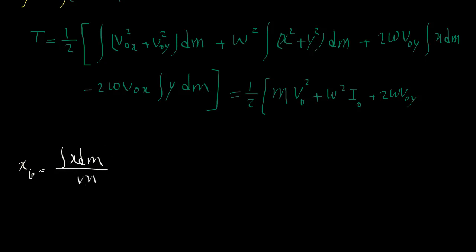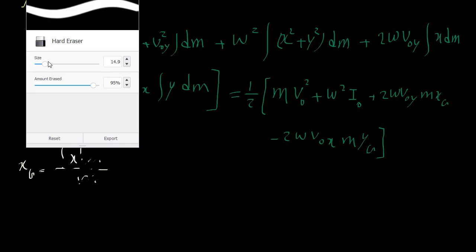So now we have this integral, which would be m times xg. And this term would be minus 2 omega Vox, and similarly this term would be m yg. Okay, so far so good. So let's clean this part.